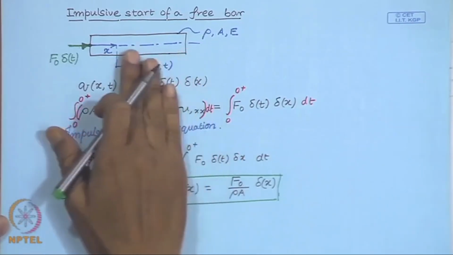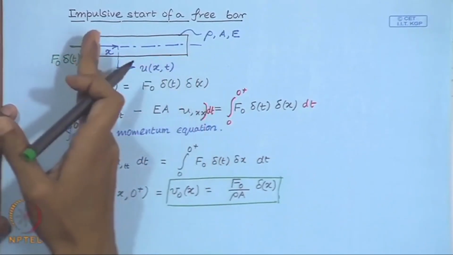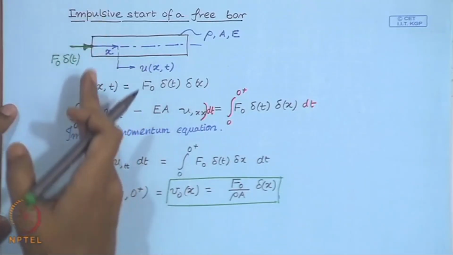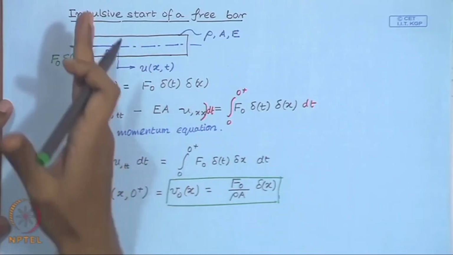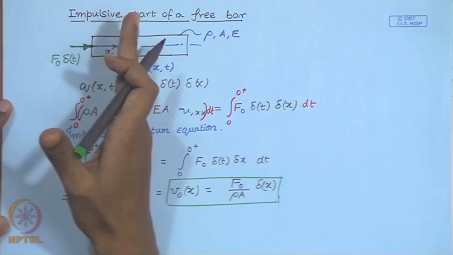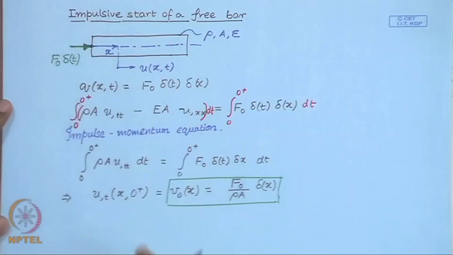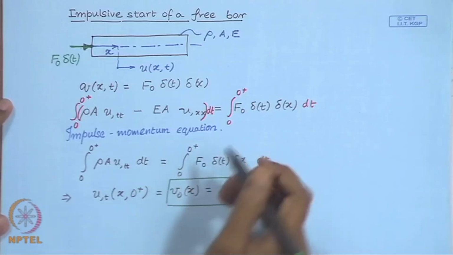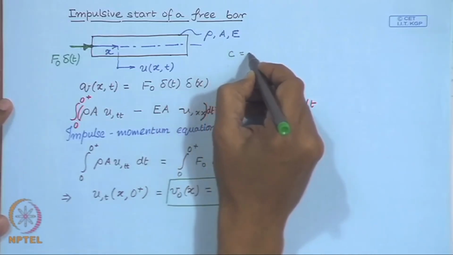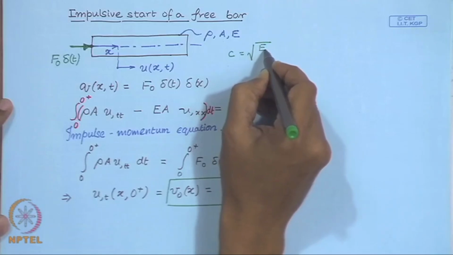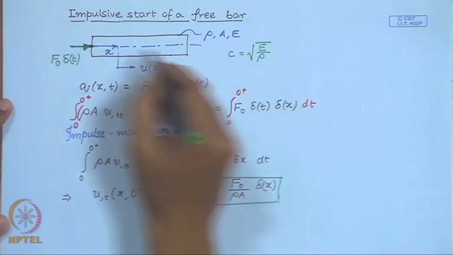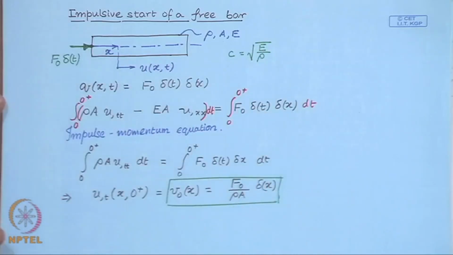So, this whole part of the bar is stationary, whereas this layer has acquired a velocity, and that information is going to propagate at the speed c, which is square root of E over rho. That is the speed of propagation of axial waves.